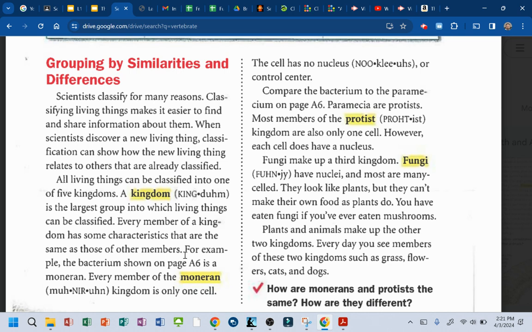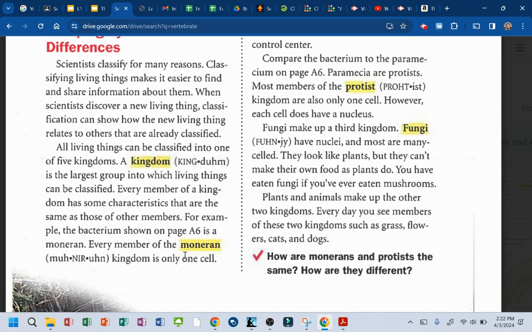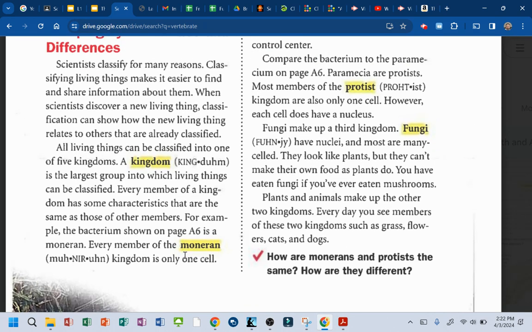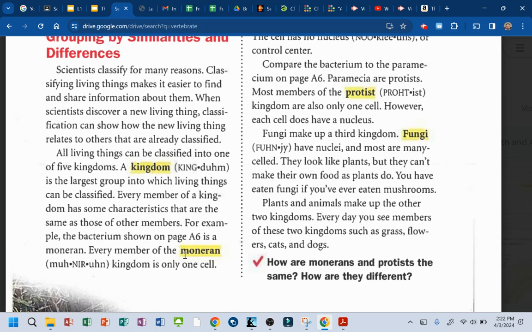Compare the bacterium to the paramecium on page A6. Paramecia are protists. Most members of the protist kingdom are also one cell. However, each cell does have a nucleus. So there's the difference, right, between the protist and a moneran.